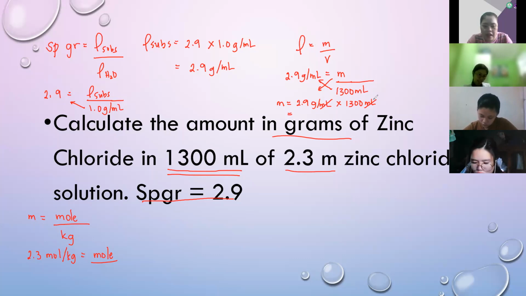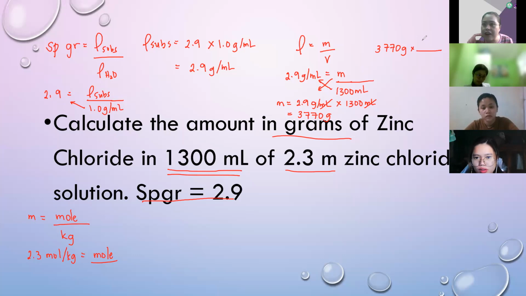So 2.9 times 1,300 is 3,770 grams. Okay? But this is a long computation because again, we are going to use kilograms. So you have to convert the 3,770 grams first into kilograms.